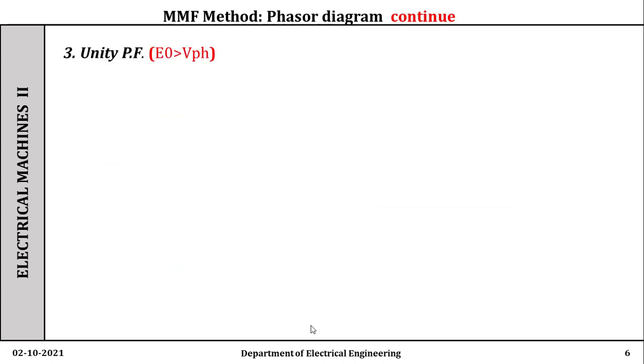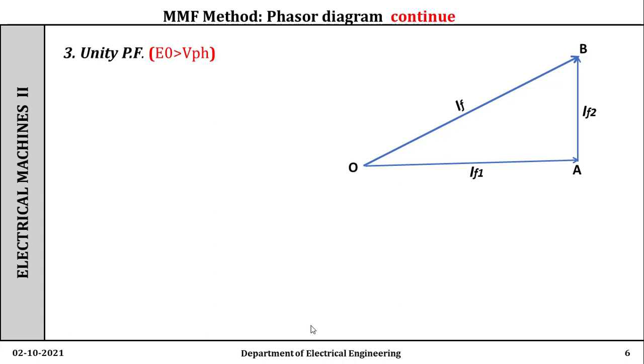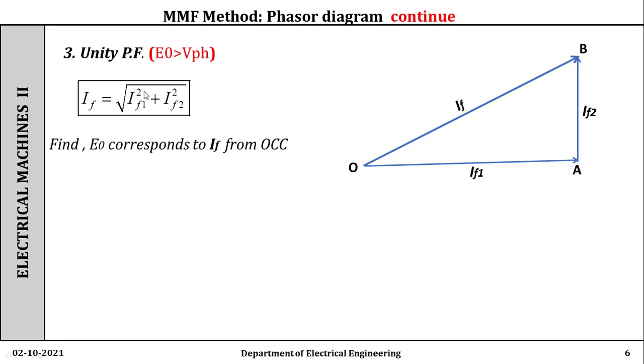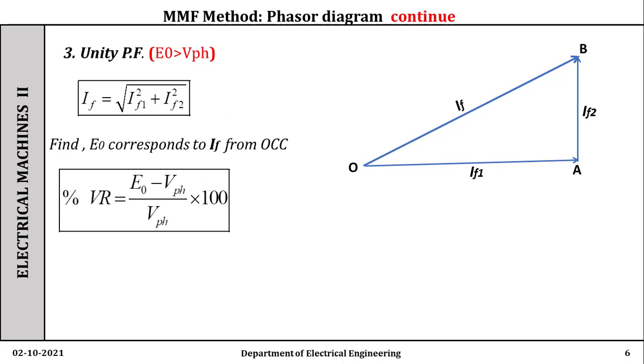Similarly, for a unity power factor also we can obtain the voltage regulation. Here the things are very simple. Draw the OA as IF1, then draw the AB perpendicular to the IF1, that is IF2, then join OB, that represents the resultant field current. It is very simple here to find out, because it is a simple Pythagoras theorem. Once you obtain the resultant field current, find out the no load EMF per phase, that is E0 corresponding to this field current from the OCC, and then find out the percentage voltage regulation, that is E0 minus VPH upon VPH into 100.